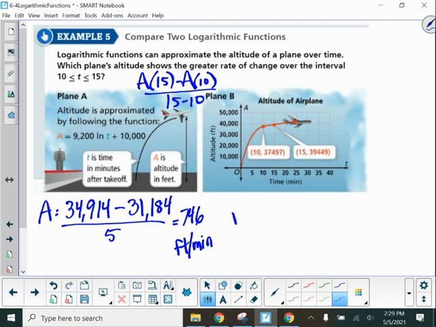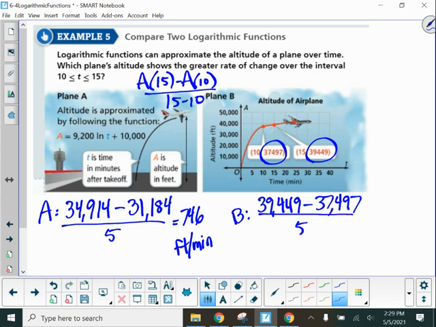For plane B, I can use my numbers that I have here. So A of 15 is 39,449. A of 10 is 37,497.